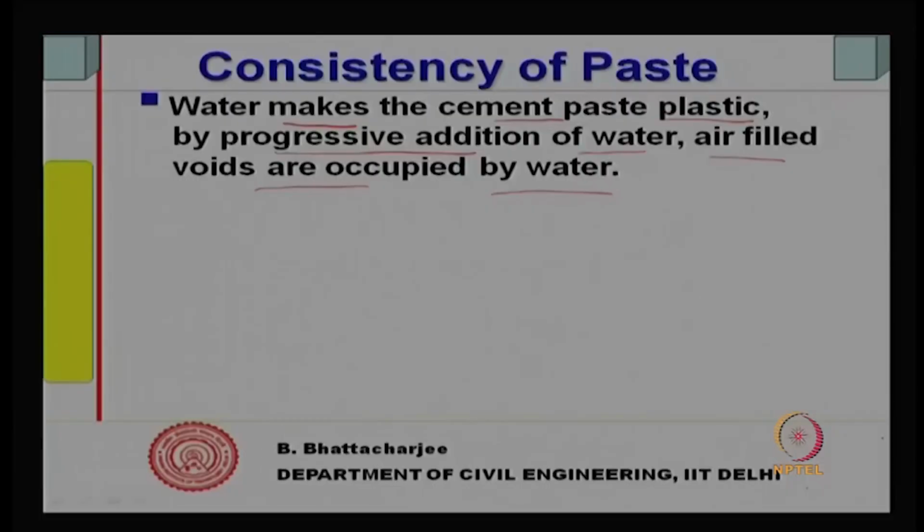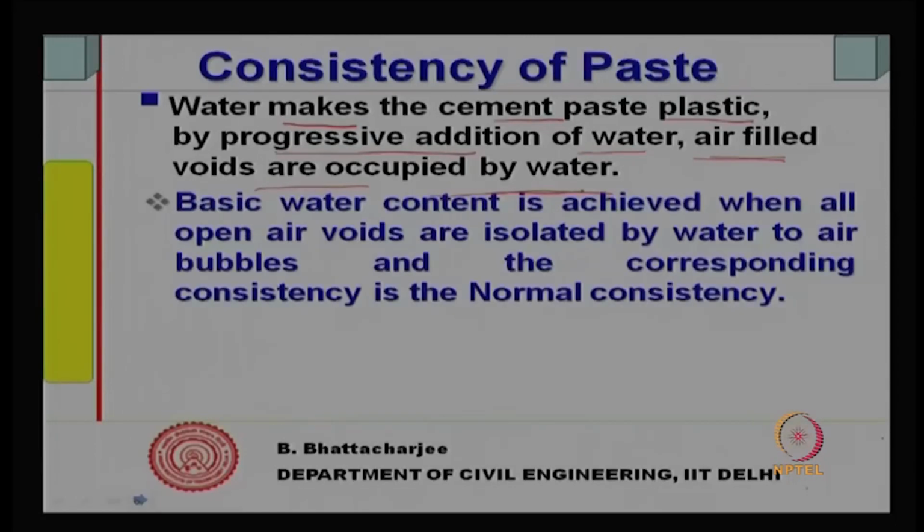As I add water, this air filled space will be occupied by water. Now, basic water content is achieved. You go on adding the water, and we call it basic water content. It is achieved when all open air voids are isolated by water into air bubbles.